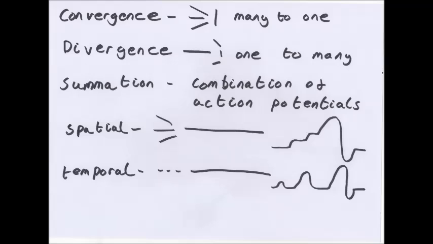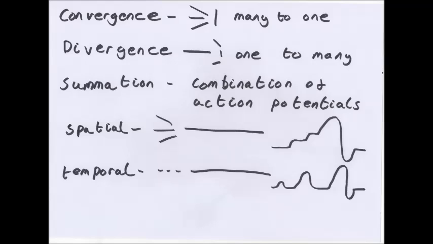You could have temporal summation, which is when three small action potentials in very quick succession arrive at one postsynaptic neuron, creating an action potential. So spatial, they all go at once. Temporal is one after another, each one getting bigger.